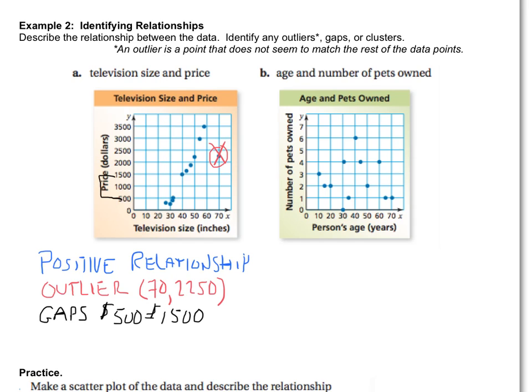And then lastly, we can also look at the clusters. A cluster is a bunch of points all kind of gathered close together. In this case, I would probably say there is a cluster somewhere down in this range right here. The cluster would probably be between 22-inch TVs and maybe 32-inch TVs.